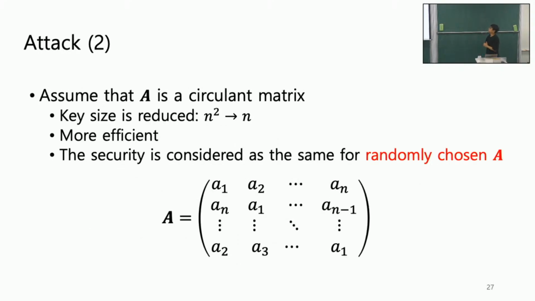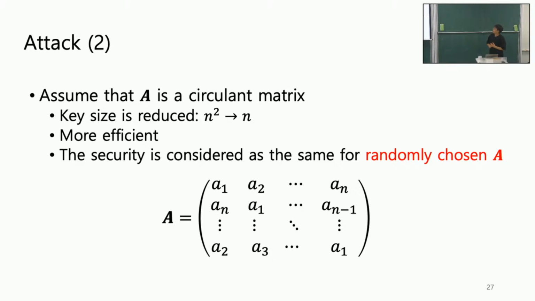We first assume that A is a circulant matrix. A circulant matrix is a square matrix whose each row vector is rotated by one element to the right. So a circulant matrix can be represented by a single vector.